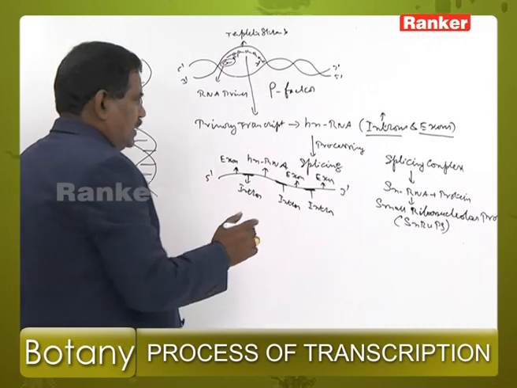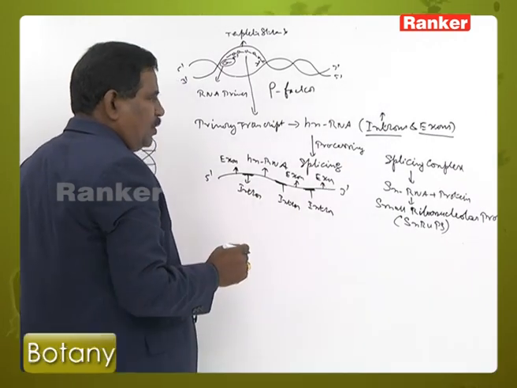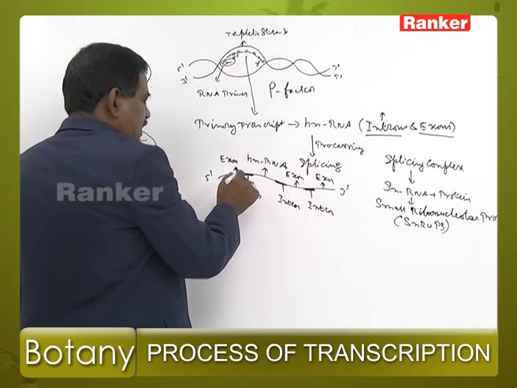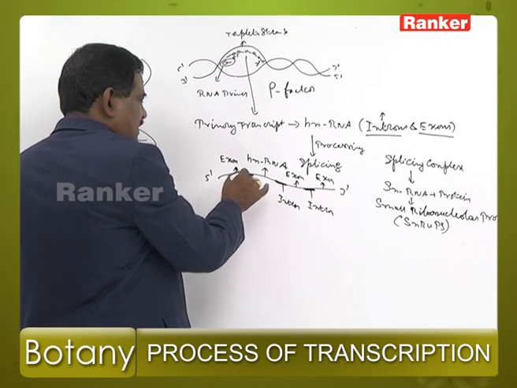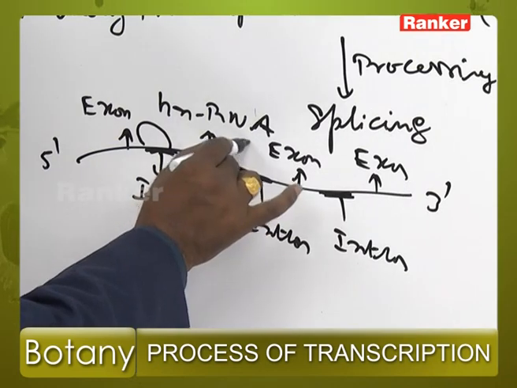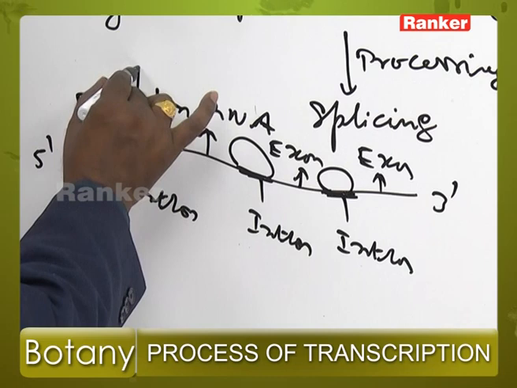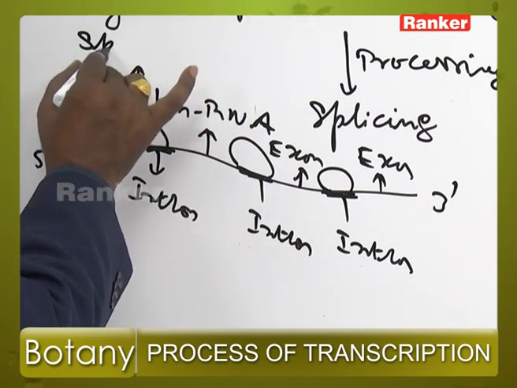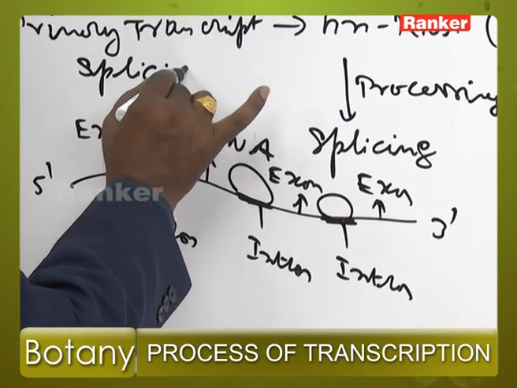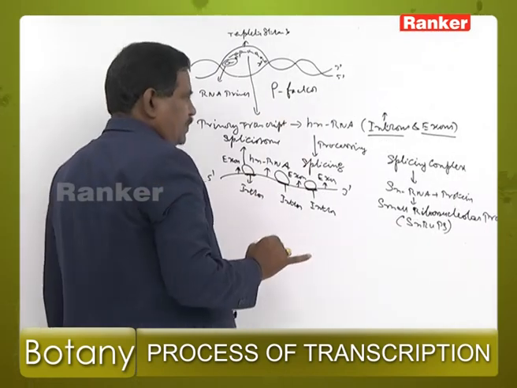These small nuclear ribonucleoproteins attach on either side of the introns, forming the spliceosome.